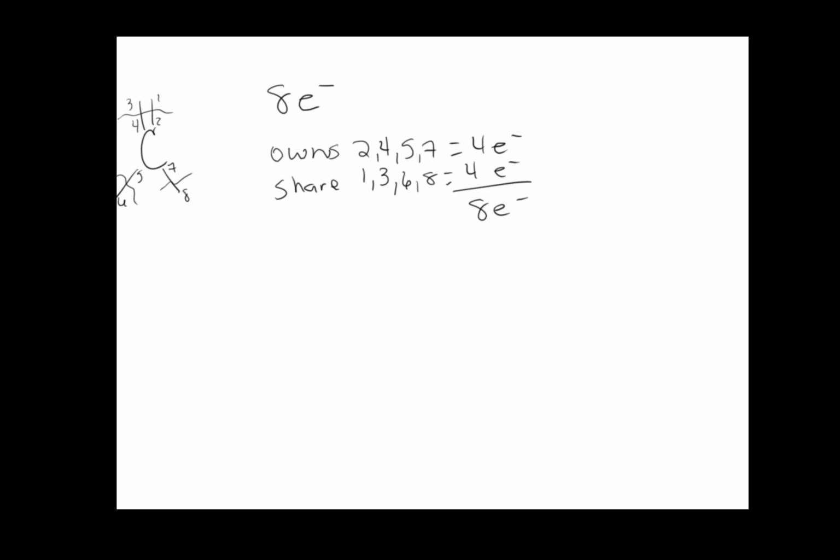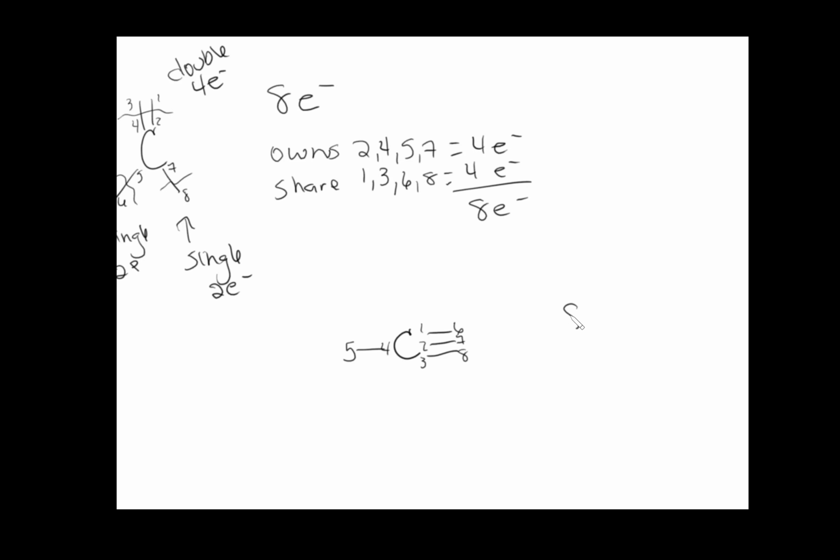Another variation. Oh, before I do that, this is a single bond because there's only 2 electrons. This is a single because it's 2 electrons, but this one would be called a double bond because it's sharing 4 electrons in 2 lines. All right, let's try another one. Carbon, like that. All right, I'll number it a little differently this time. 1, 2, 3, 4, 5, 6, 7, and 8.